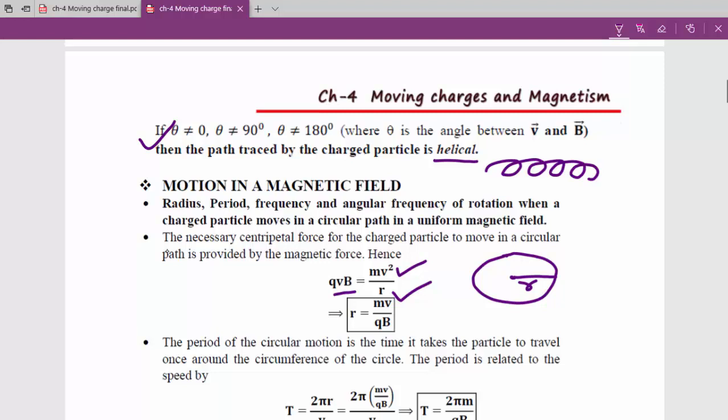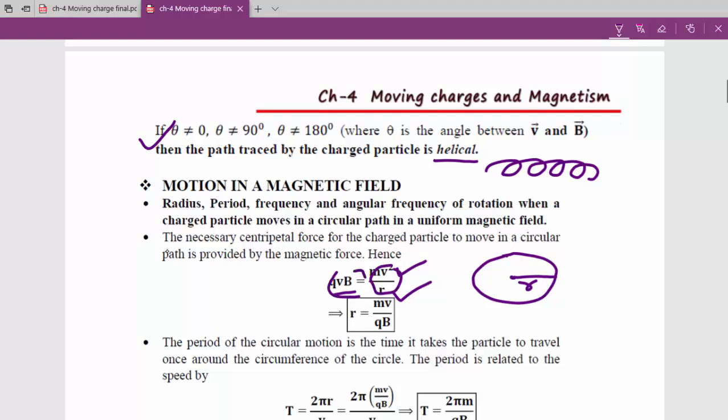You know that in first PUC, any particle or any body that wants to move in a circular path requires the centripetal force. The formula for the centripetal force is mv square by r. That centripetal force is provided by the maximum magnetic force. The maximum magnetic force, as discussed, F maximum equal to qvB, and centripetal force mv square by r, means centripetal force is provided by the maximum magnetic force.